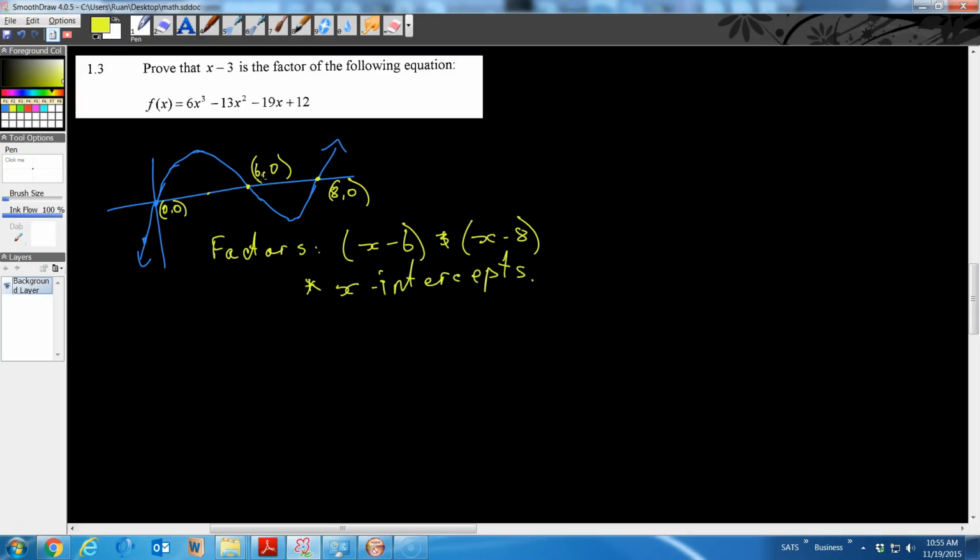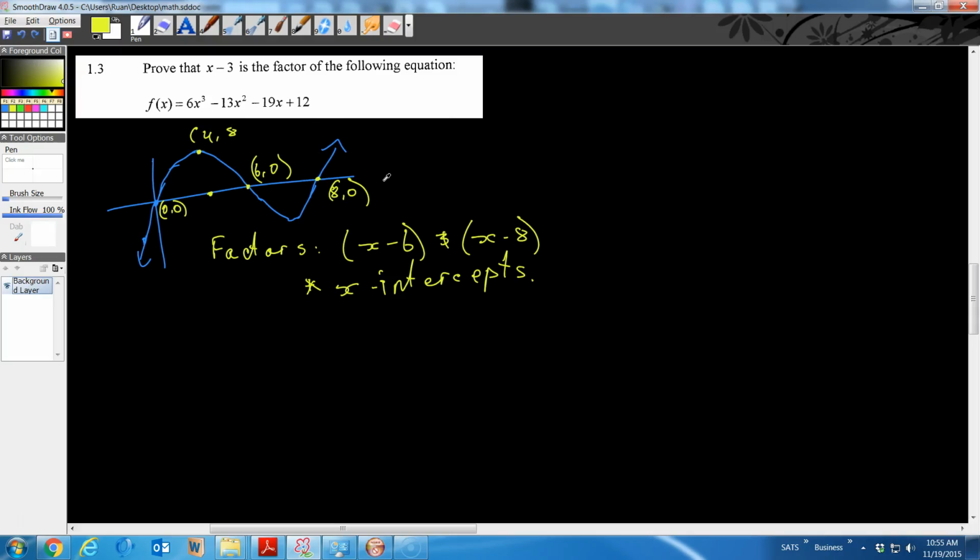So if, let's say this is x of 4, and let's say the y value is 8, then here, if you divide by x minus 4, then your remainder is 8. But that's not this question. I hope you understand what a factor is.